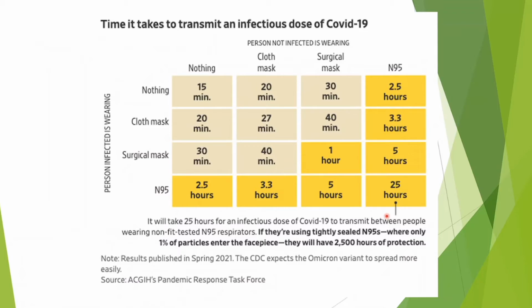I don't know whether these time limits are correct or not, but basically, if you look at the chart, you've got the people that are not infected, and what are they wearing? And then you've got the person who is infected, and what's that person wearing? And it's a symmetric diagram, which means that the person who is not infected contributes just as much to the possibility of contracting COVID as the person who is infected.